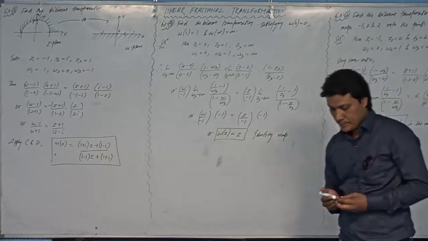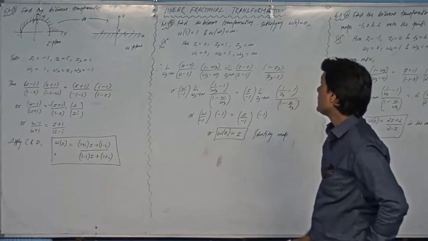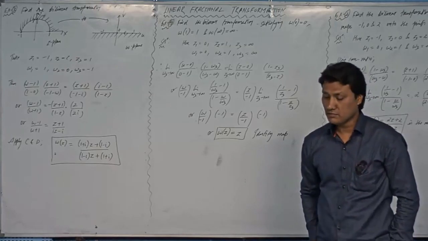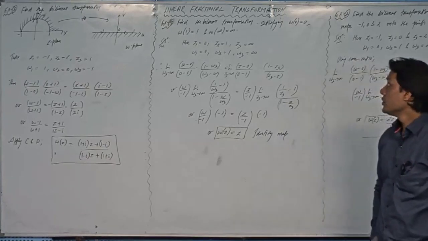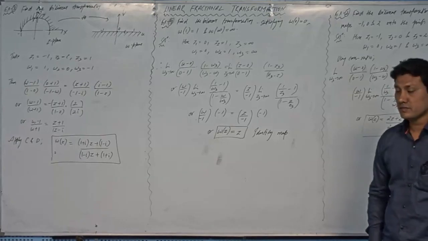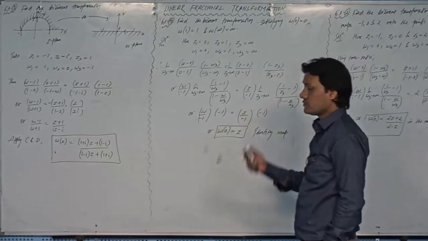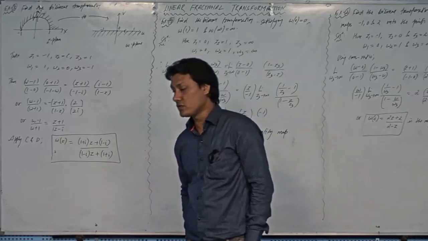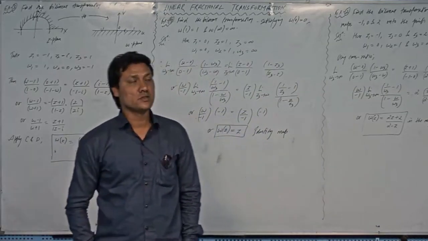Okay, so this is it for linear fractional transformation, right? In the last video and this video also, you learned how to find a linear transformation with the help of only 3 distinct points given on the z plane and their corresponding images on the w plane.